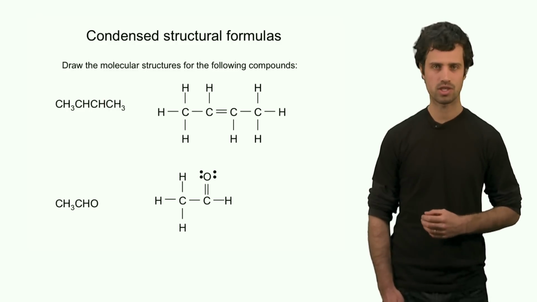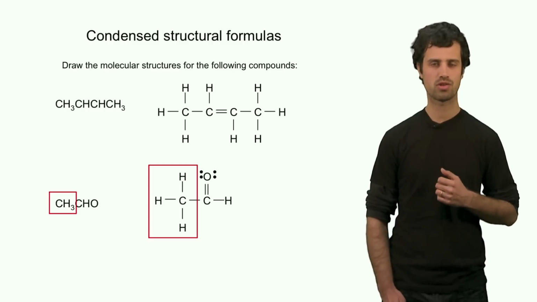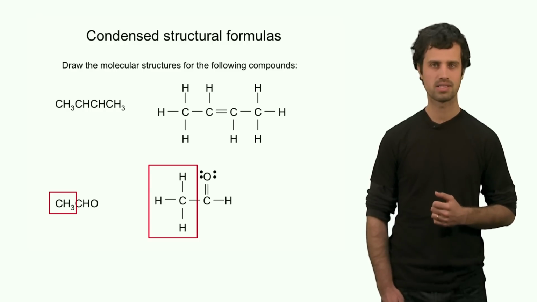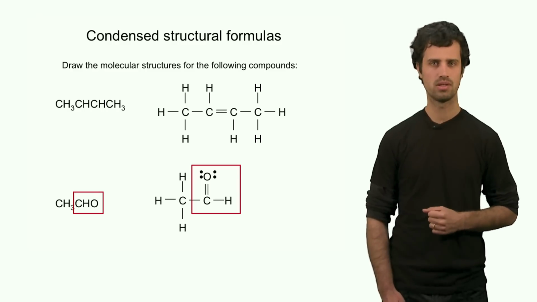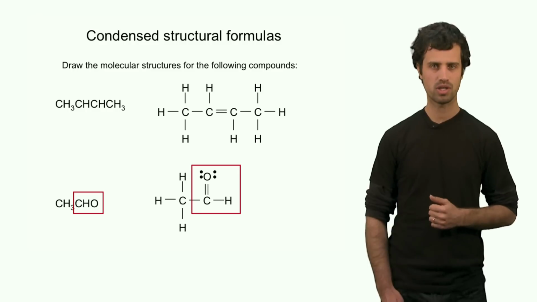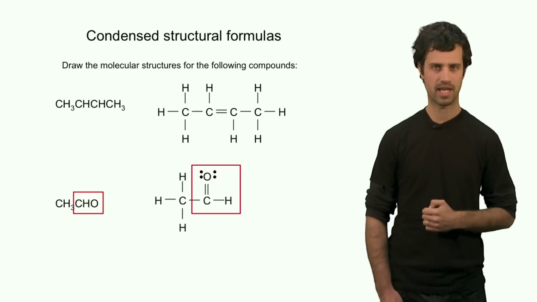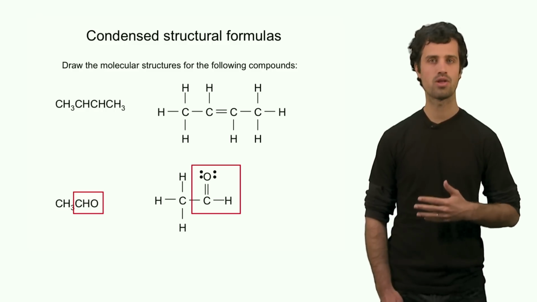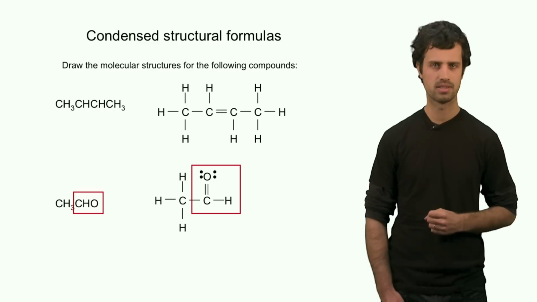The second structure is drawn as follows. It contains, from the left to the right, a CH3 unit, followed by a CHO unit. Now the CHO unit contains 1 hydrogen and 1 oxygen bonded to the carbon, in addition to a link to its neighboring carbon atom. That is, again, 3 neighbors, which means one of the bonds must be a double bond.